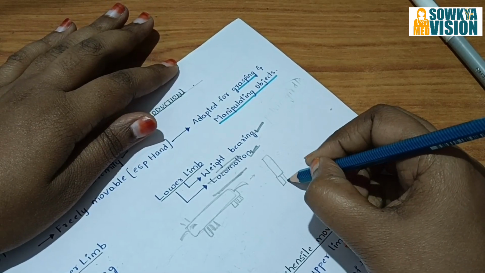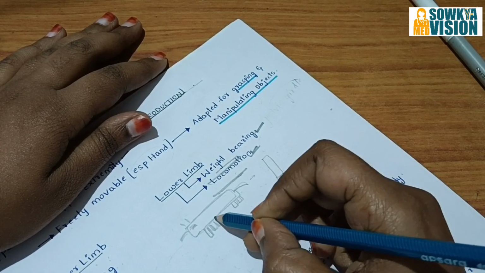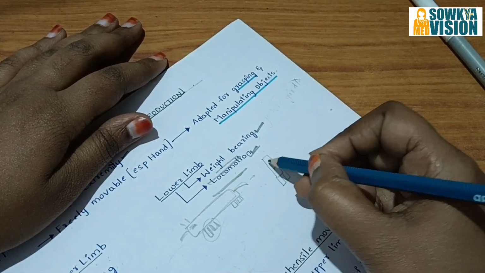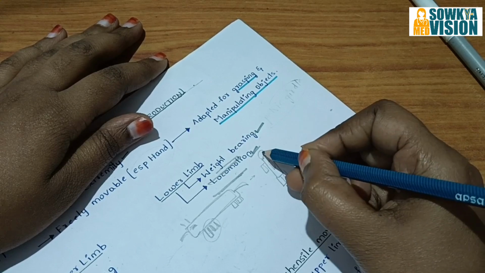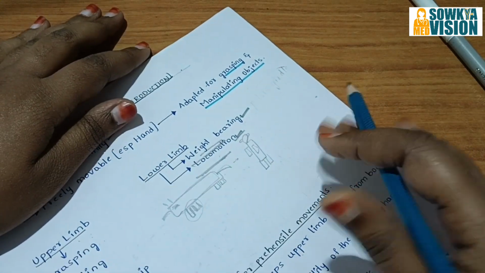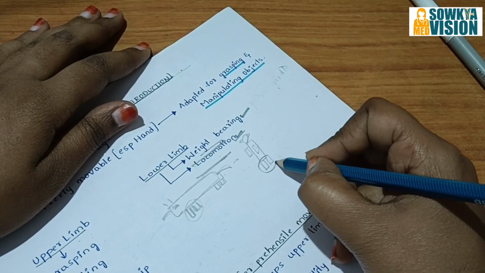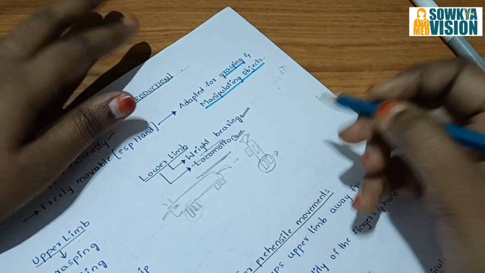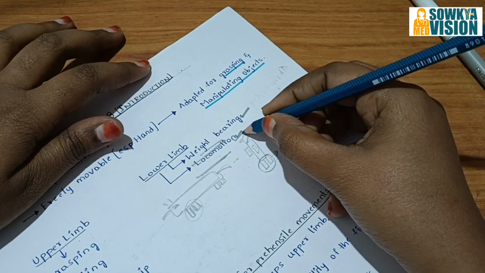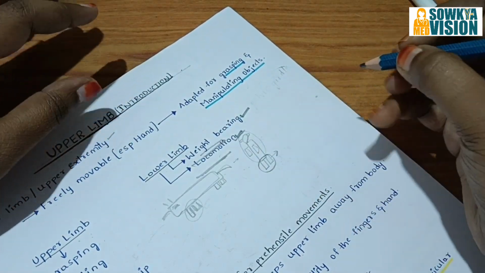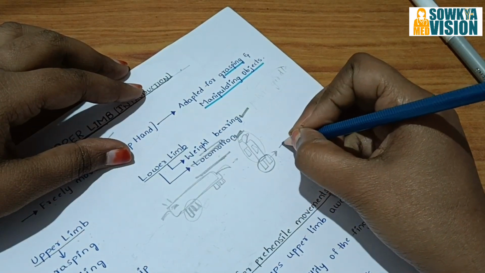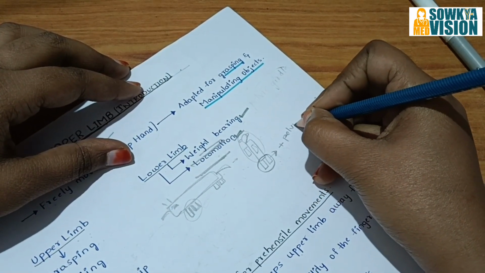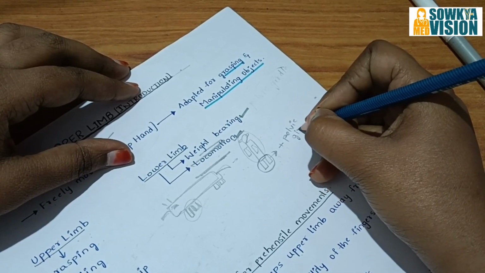The hind limbs became the lower limbs, and the forelimbs became the upper limbs like this. Now these 2 limbs, the lower limbs, are adapted for completely bearing the whole body weight with the help of what? The pelvic girdle.